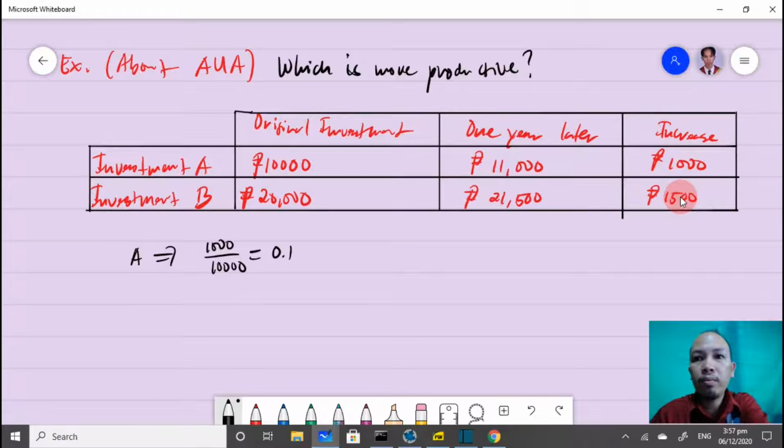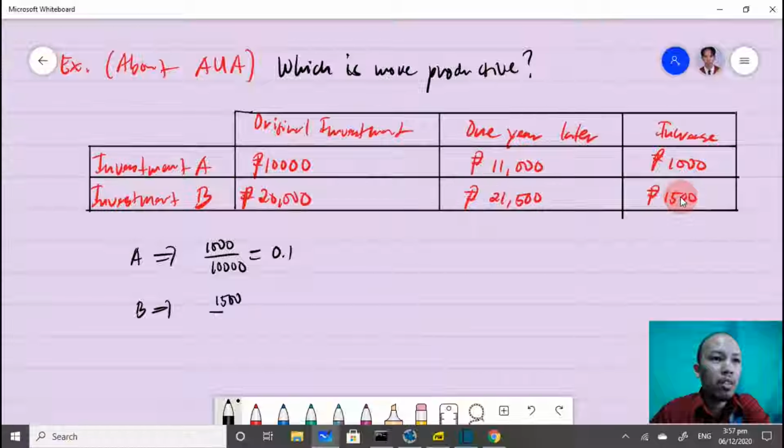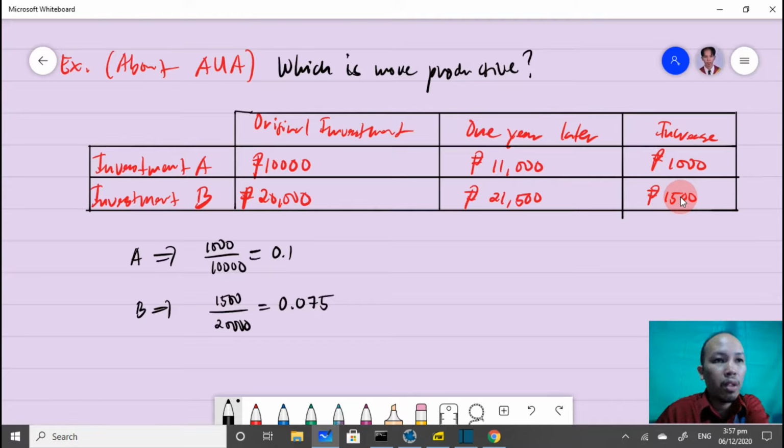And for B, if you have 1,500 divided by 20,000, you will get 0.075. This means that for every 1 peso you will receive 0.1 cents here, and here for every 1 peso you have 0.075 cents.